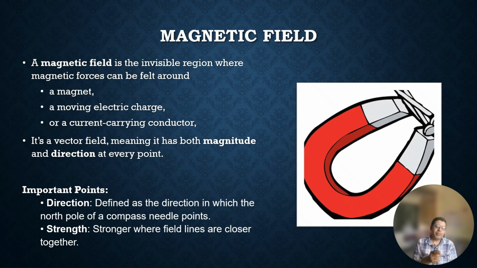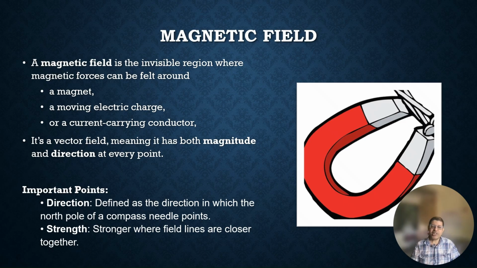Okay, if the magnetic needle is like this, and this is the north pole and this is the south pole, if the north pole comes like this, that means you have to understand that the magnetic field direction is along the north, like this to the south. That's how you're supposed to understand the magnetic field direction.